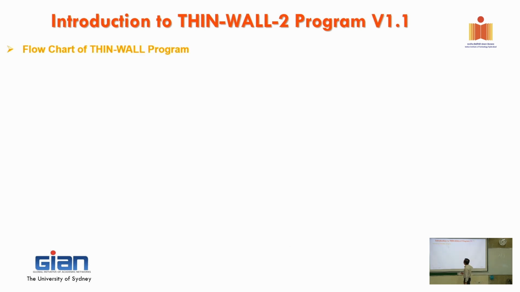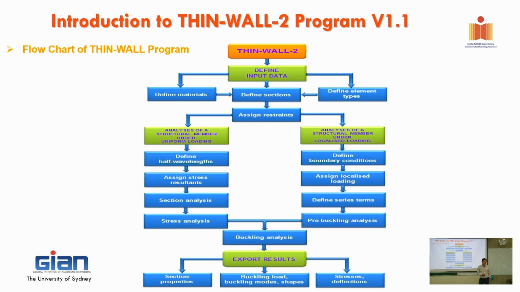Now this is the flowchart of the THIN-WALL-2 program, how it works. First you start with THIN-WALL-2, and then we need to define the input. We need to tell THIN-WALL-2 what we want to do: create the section, create the material, or whatever, and then assign the boundary condition, and tell it what you want to do in compression, shear, or whatever.